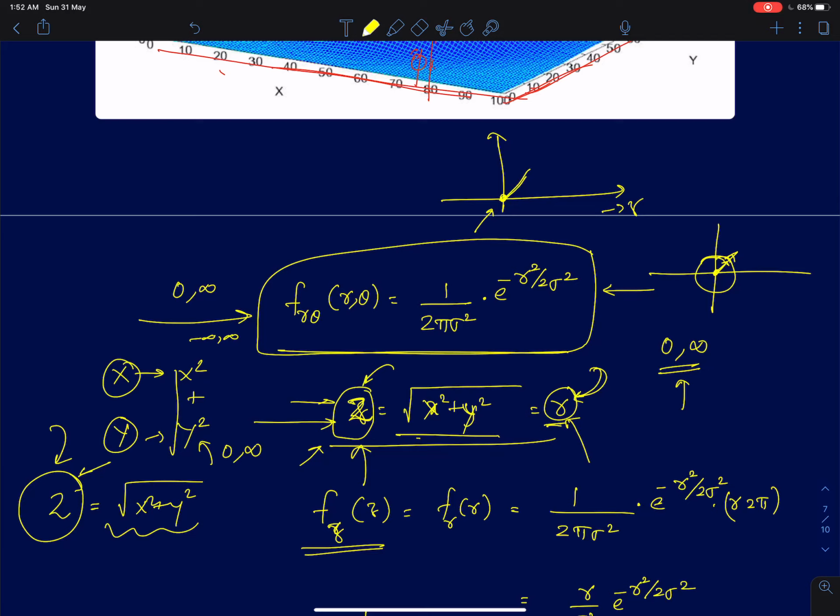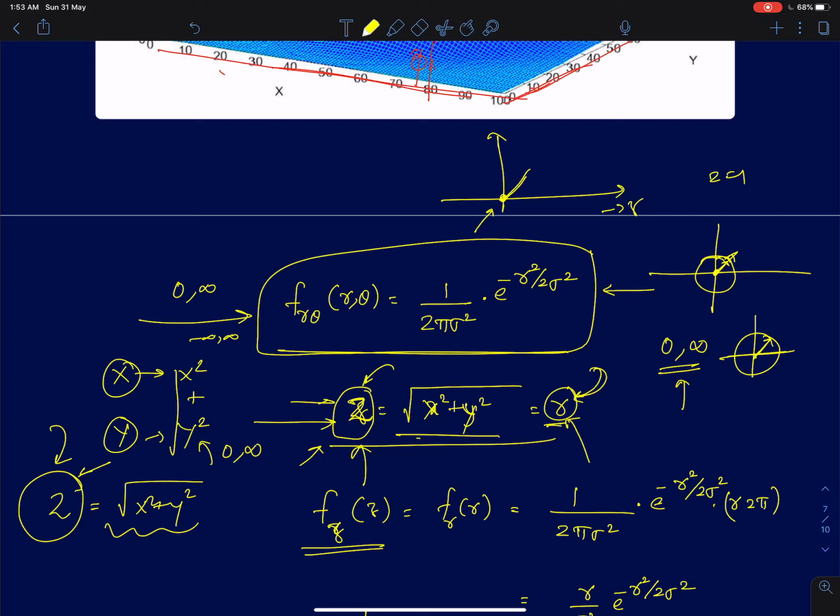For any value of z greater than 0, there are a large number of values of x and y that are going to satisfy that. In fact, you can have an infinite number of values of x and y which will satisfy any z. For example, assume z is 1. Then all the points lying on the circle of radius 1 will satisfy that.